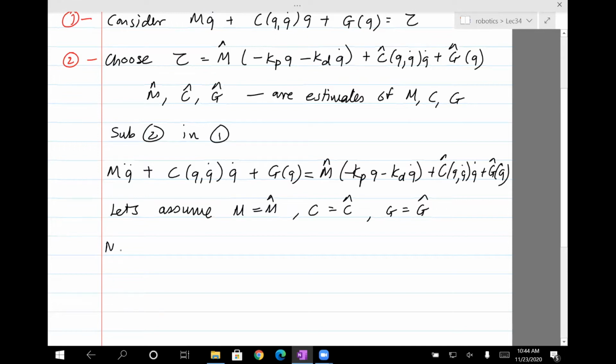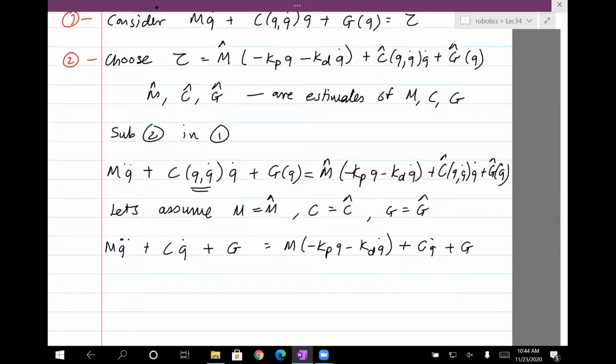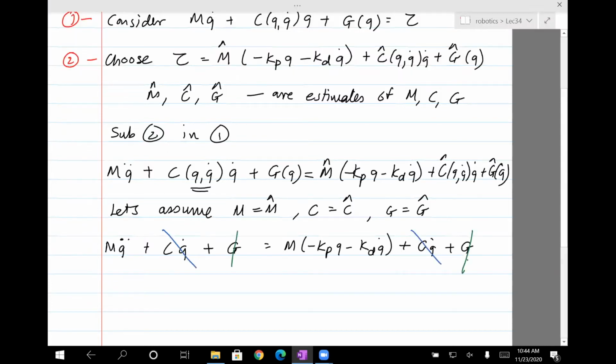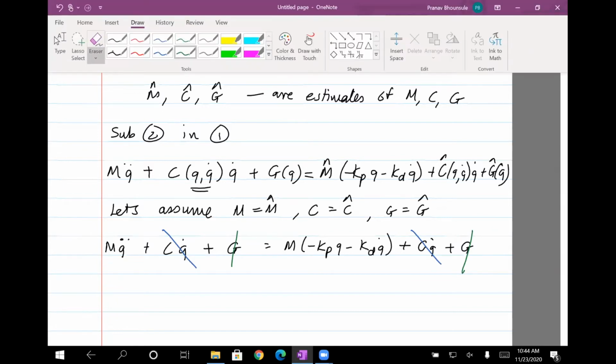And so we'll get Mq double dot plus, I'm going to just skip writing the bracket, it just makes it easier, G equals M times minus KPq minus KDq dot plus Cq dot plus G. Now, sorry, this should be Cq dot plus G. Okay, now what you see is that you can actually cancel a few things. You can cancel Cq dot on the left side with that on the right side. You can cancel the G's on each side, and you can simplify the expression.